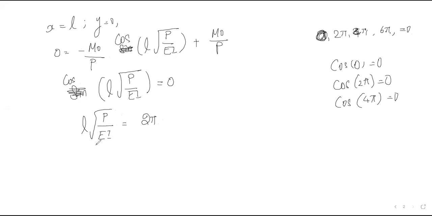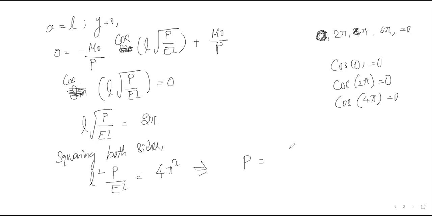That's why L into root under P by EI is equal to 2 pi. So by squaring both the sides, L squared into P by EI is equal to 4 pi squared. Therefore, crippling load P is equal to 4 pi squared EI by L squared.